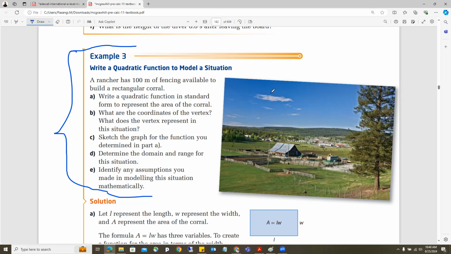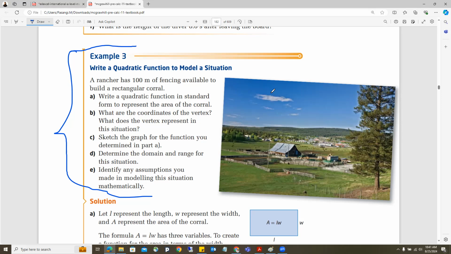Write a quadratic function to model the situation. A rancher has 100 meters of fencing available to build a rectangular corral. Write a quadratic function in standard form to represent the area of the corral. If it's a rectangle, there should be length as well as width.